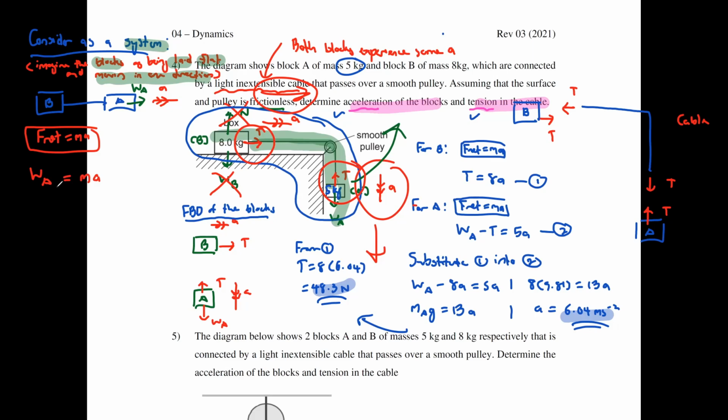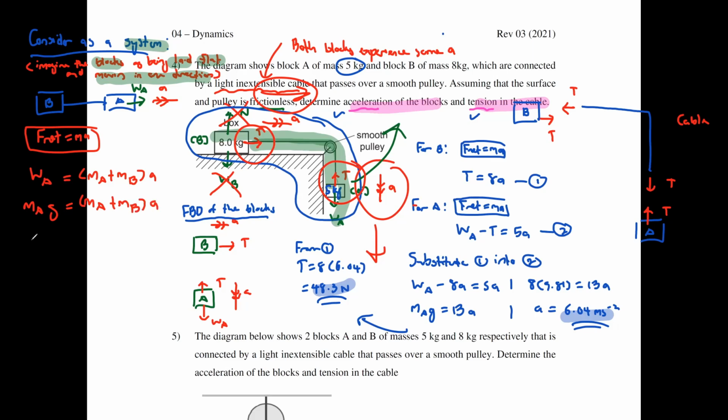So this one is just going to be (MA plus MB) times a. So this one will be MAg equals (MA plus MB) times a.